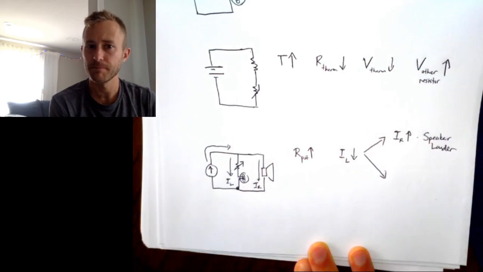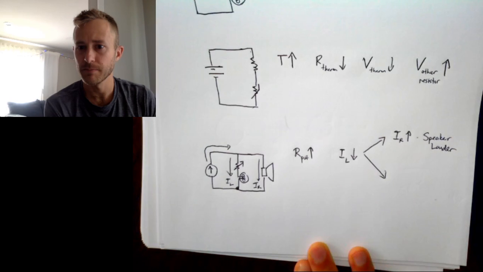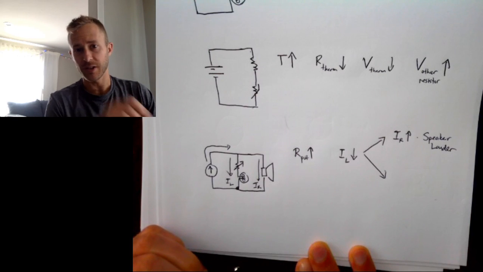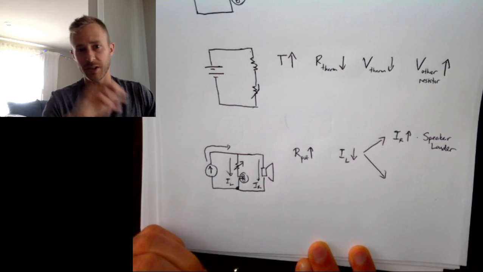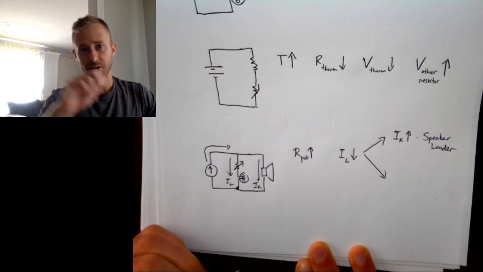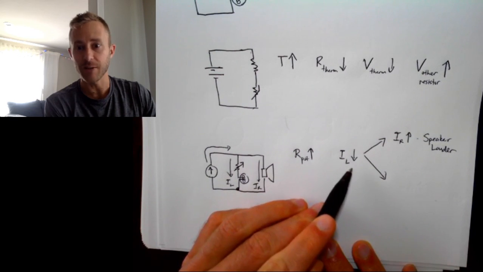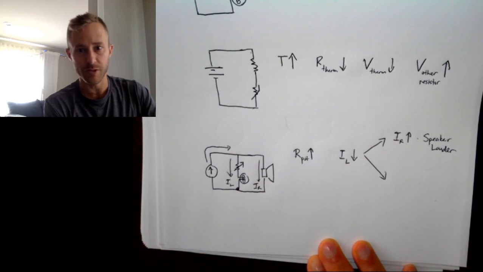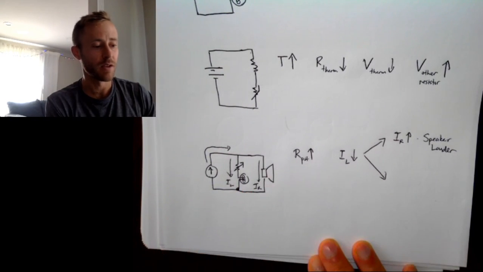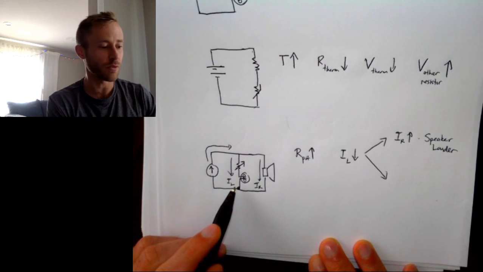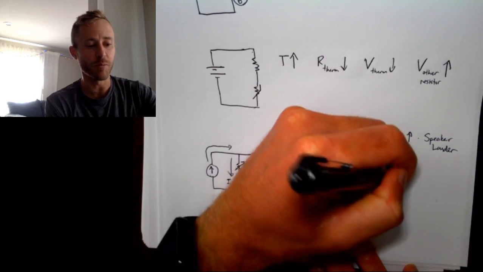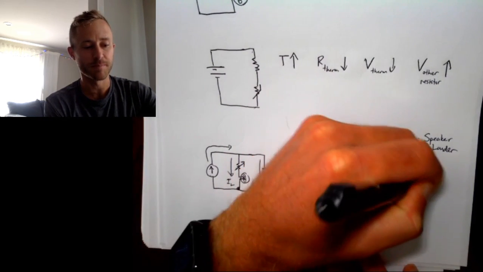So the speaker is going to get louder when you turn up the potentiometer. And similarly, because the left current goes down, there's less current for the light bulb, which means that the bulb gets dimmer.